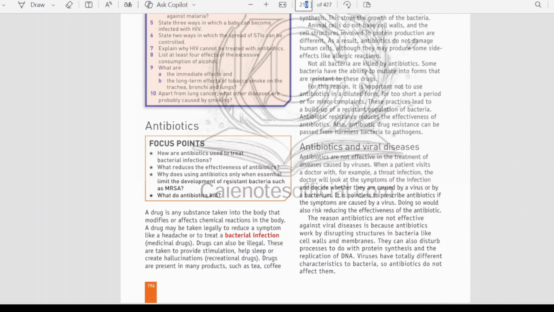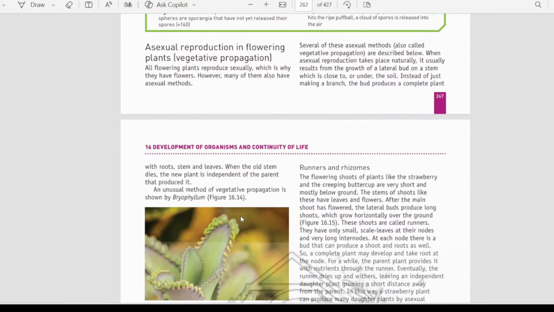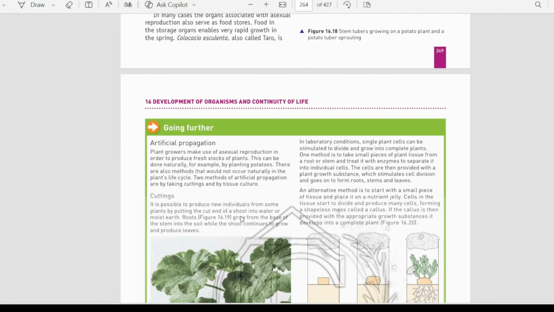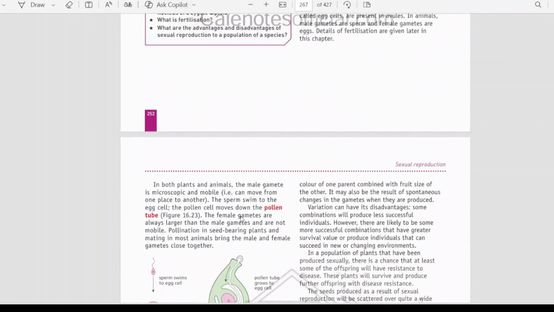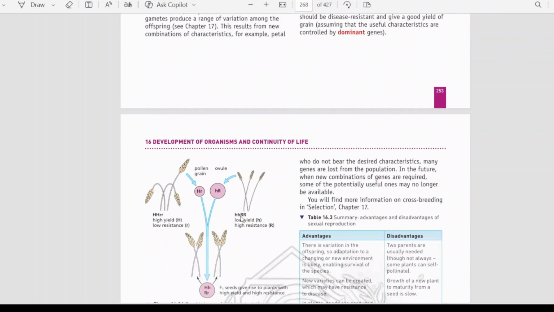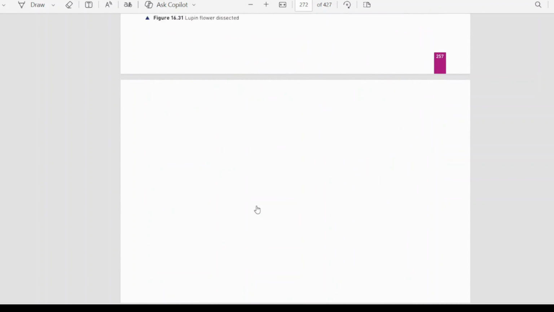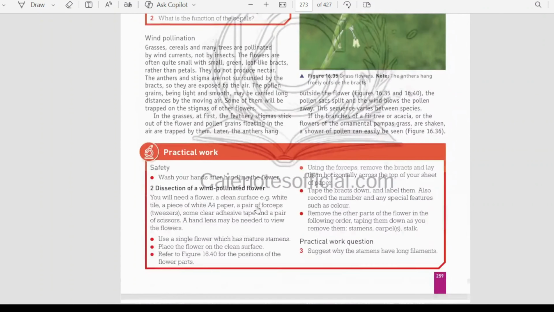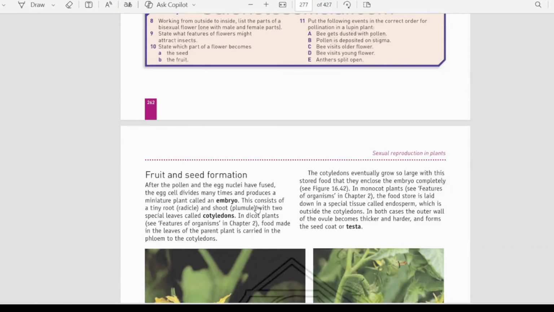Fertilization. The germination should be after this one.